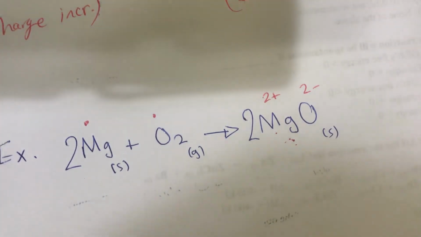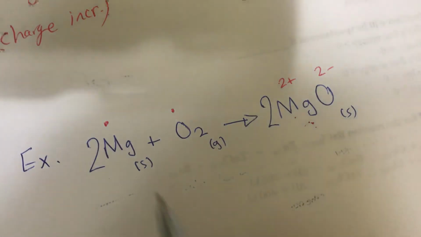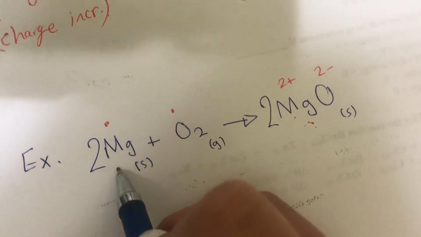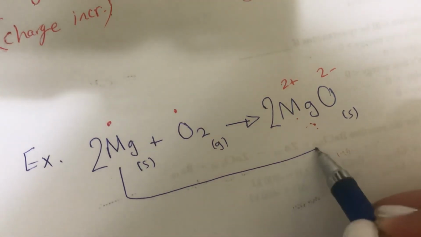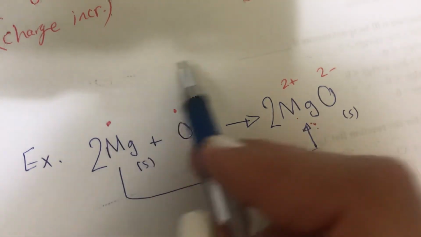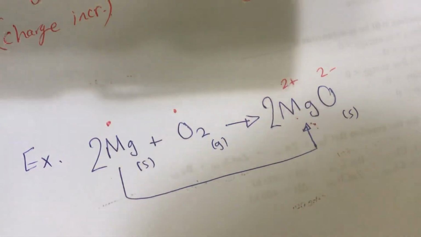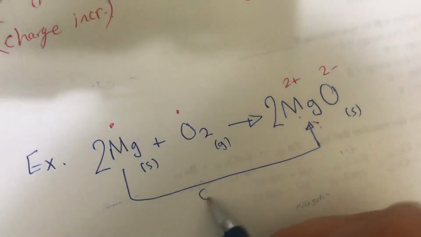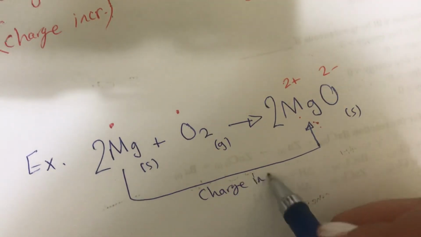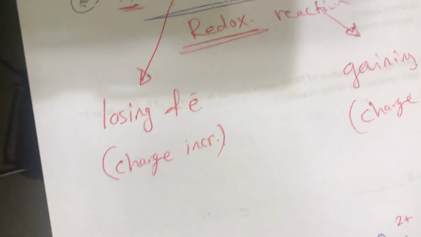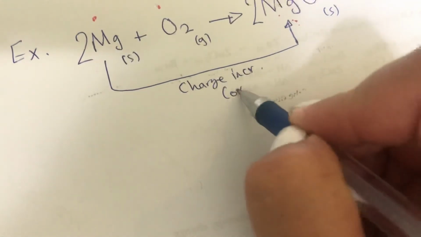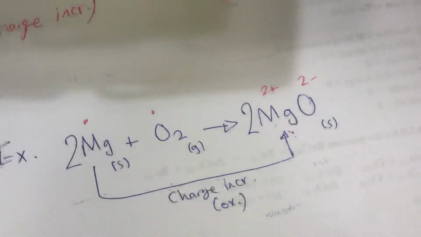So what happened to the oxidation number for magnesium? The charge in the reactant is 0 and in the product positive 2. So from 0 to positive 2, increases or decreases? So here the charge increases. It's the definition of oxidation. So here, oxidation. Now what about oxygen?